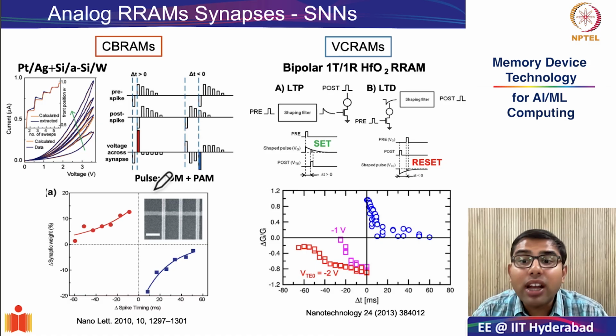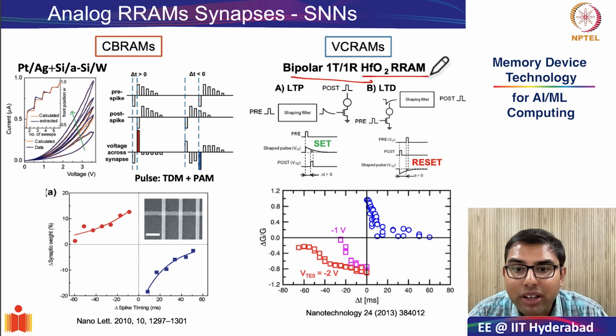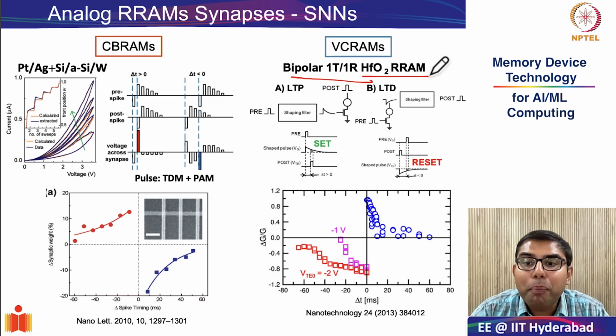Next, we will look at VCRAM based devices such as HFO2, where spike timing dependent plasticity was demonstrated in bipolar 1T1R HFO2 RRAM devices. Here, pulse shaping filters create asymmetric pre and post spike waveforms.